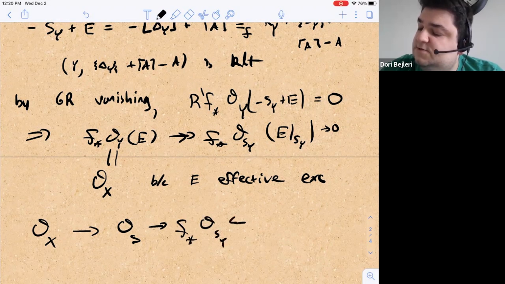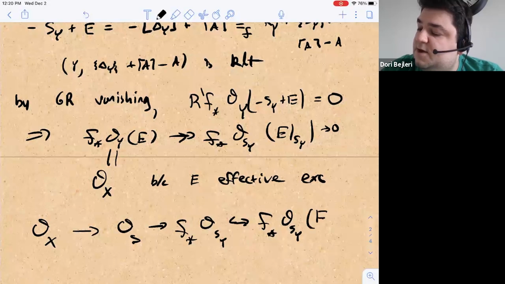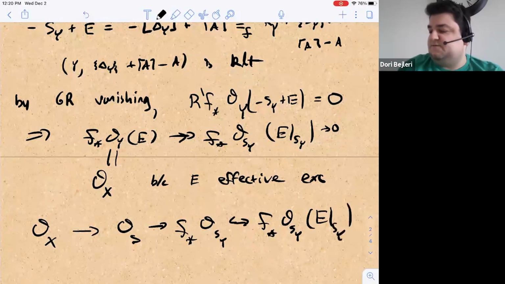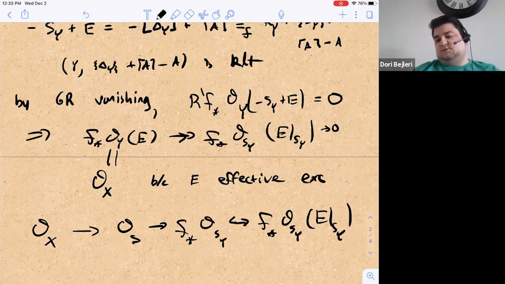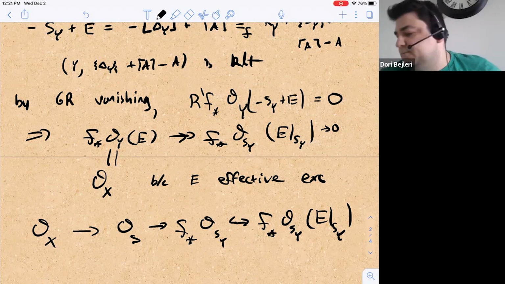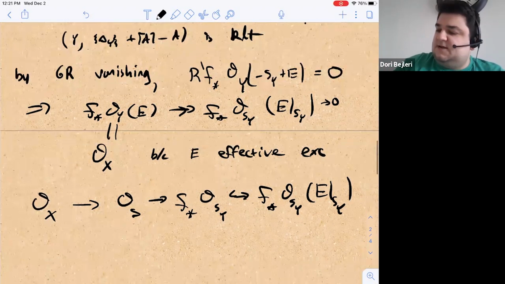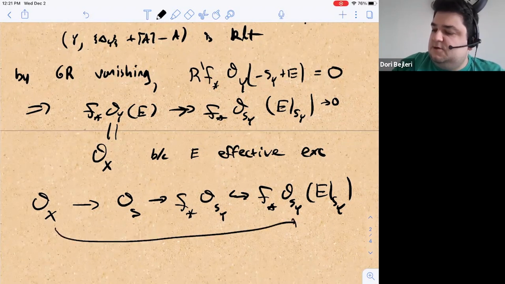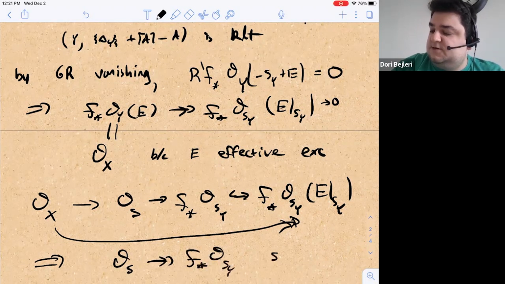And then this includes into f lower star O_{S_Y} twisted by E because E is effective and push forward is exact on the left. So we have this, and then this map is this composition, which we just showed is surjective. So that implies that the map O_S to f lower star O_{S_Y} is surjective.